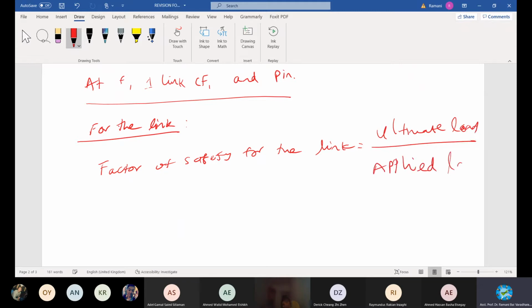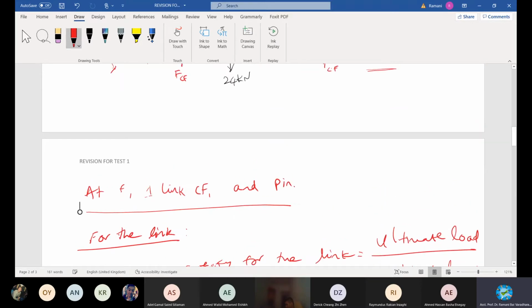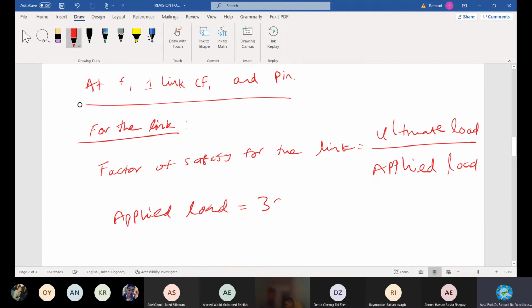We know this applied load, we just found it at this point. We know applied load, just now we found at F, is equal to 39 into 10 power 9 newtons.